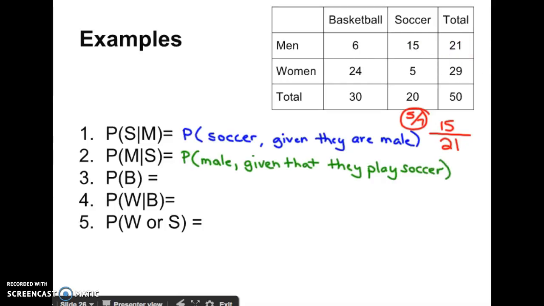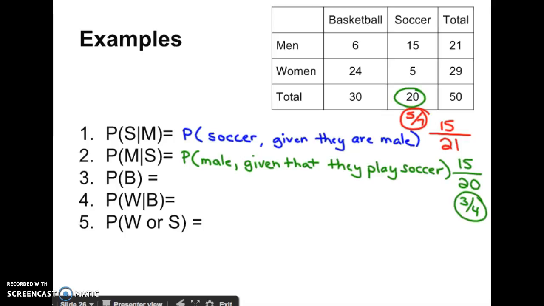You already know that the person does soccer. So the total number of soccer players is 20. So out of those 20, how many are male? And the answer is 15. So you have a 15 out of 20 chance that somebody is male, given that you already know they play soccer. Okay, and that one would reduce down to 3/4.